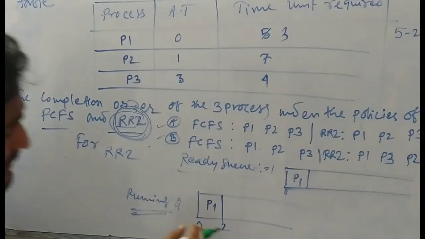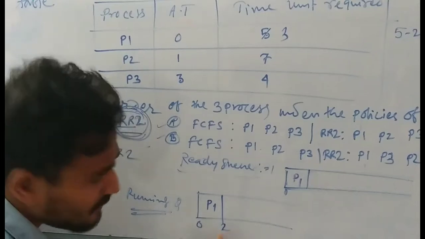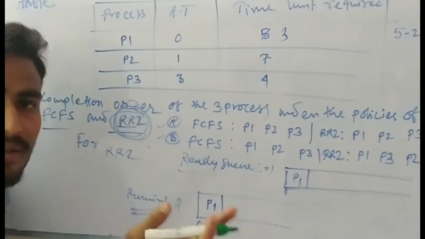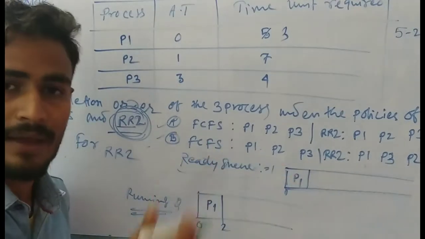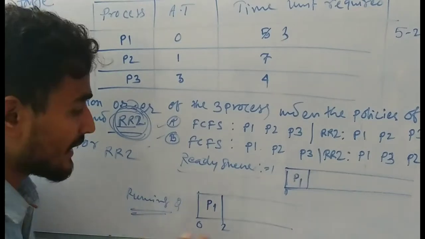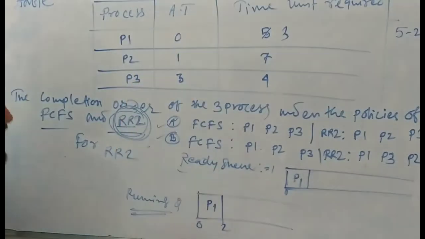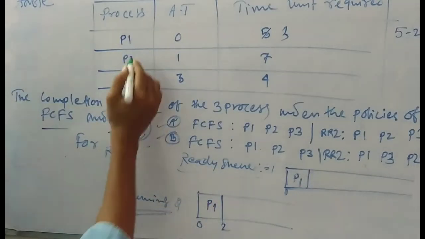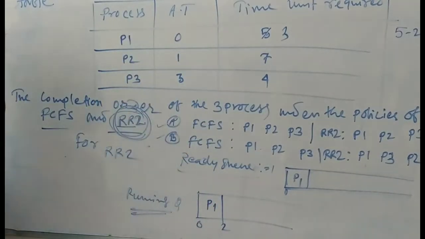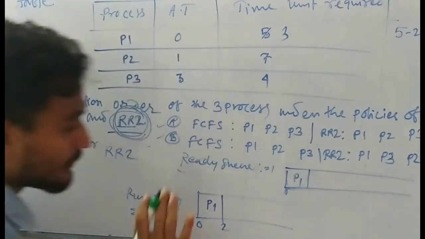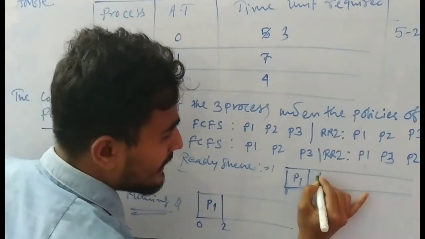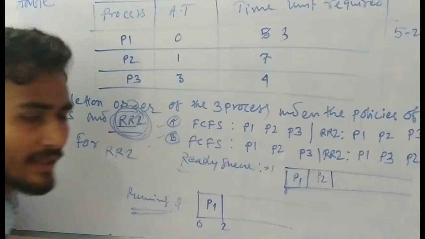Now I see that at time 2, how many processes are present? P2. So P2 will be written in the ready queue.